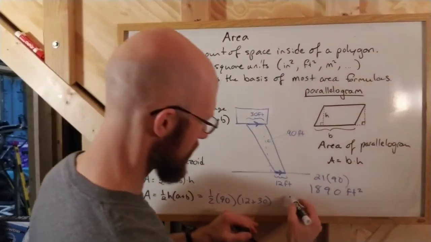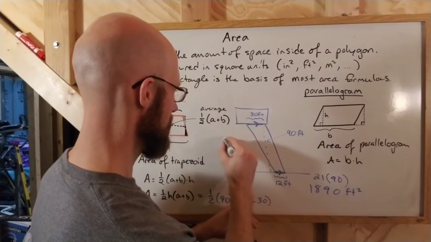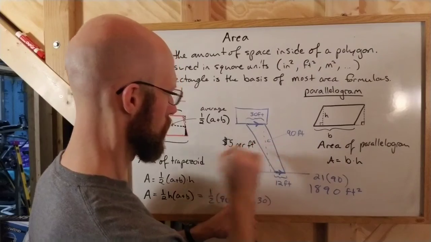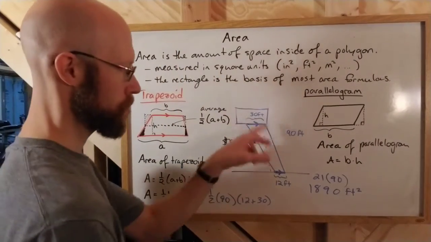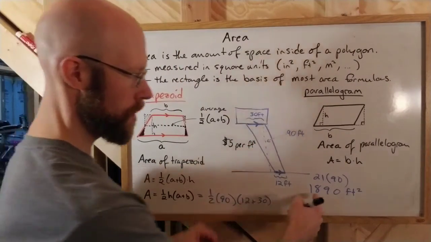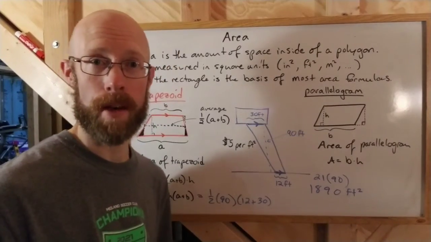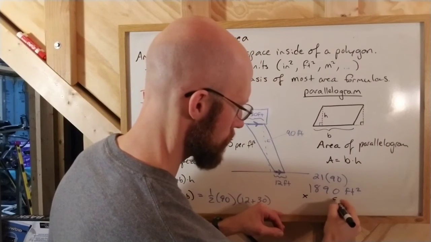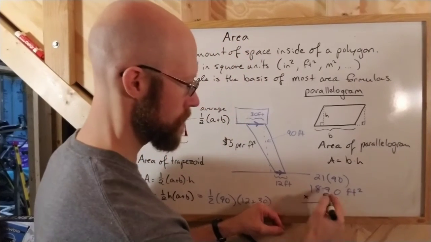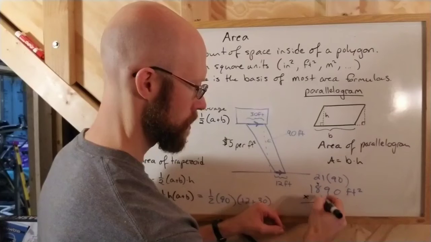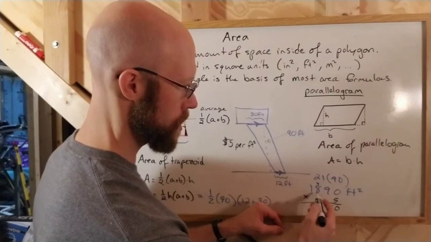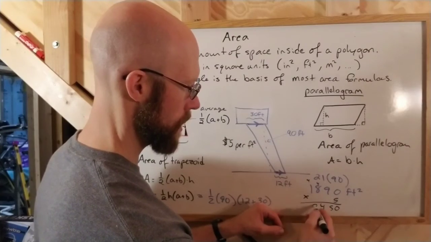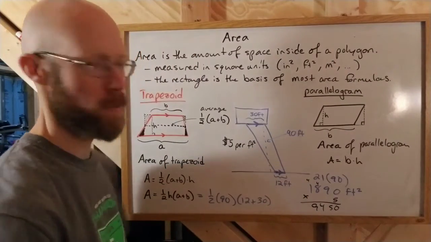So let's say we want $5 per square foot. Then the actual cost of that would be, you take the number of square feet and just multiply by the cost, right? The $5. So multiply that by 5: 0, that's 45. 5 times 8 is 40, and 4 is 44, and 5, 9, $9,450.